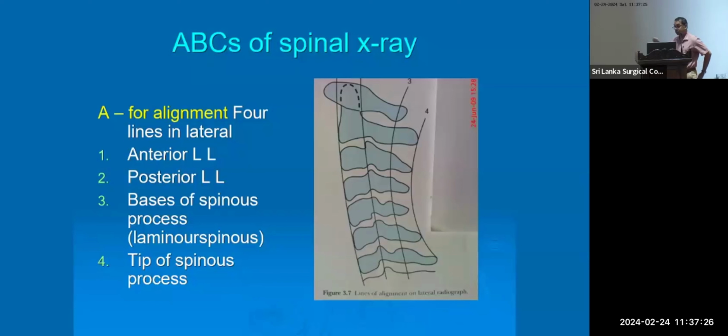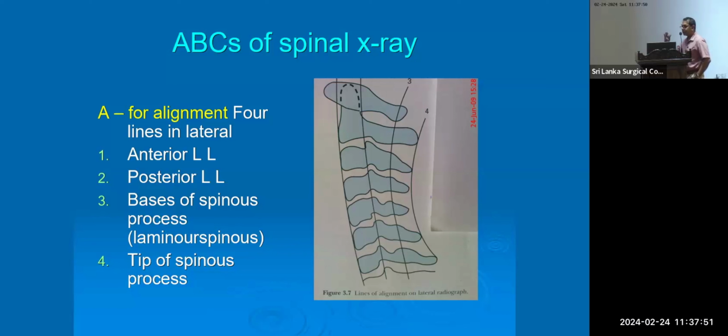Some centers will have CTs, which is a better imaging modality. But in the ABCs of spinal X-rays, for A, alignment, you go for 4 lines: the anterior, posterior, base of the spinous processes, and tip of the spinous processes. With this, you can identify whether there is any disruption of the alignment.